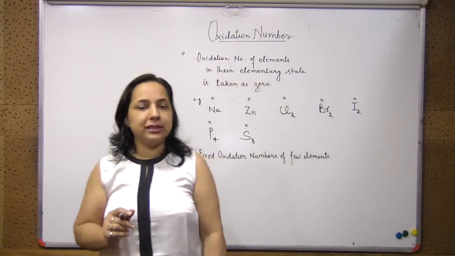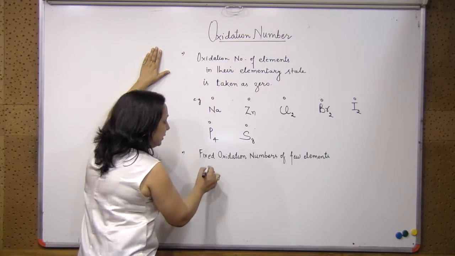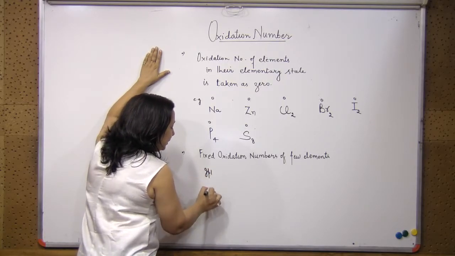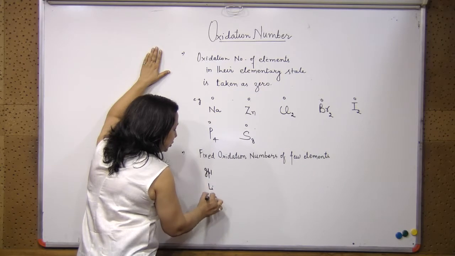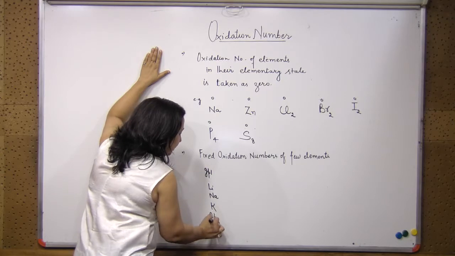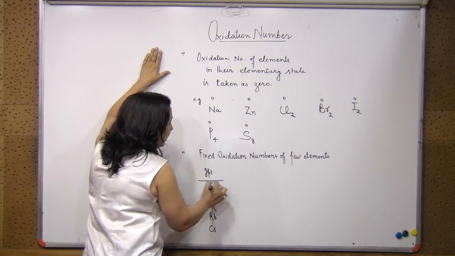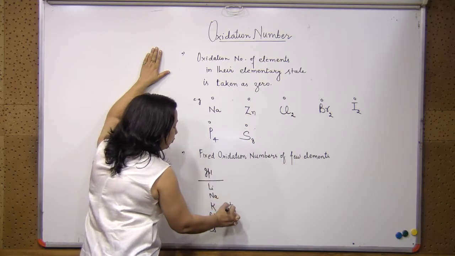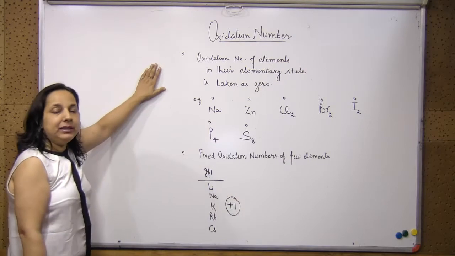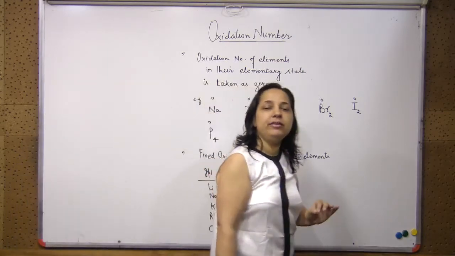It's always constant, always same. And these elements we have to learn. Element of group 1, that is lithium, sodium, potassium, rubidium and cesium. All these are going to be +1. In their combined state, when these elements are in their compounds, their oxidation number is always +1.